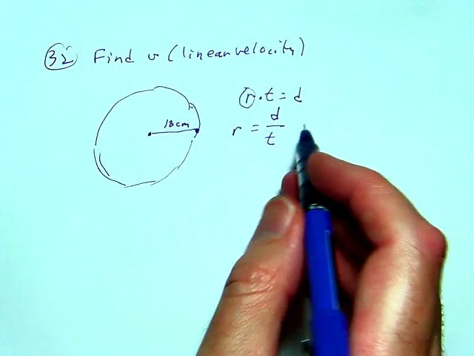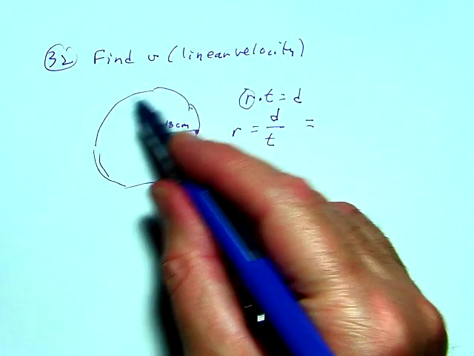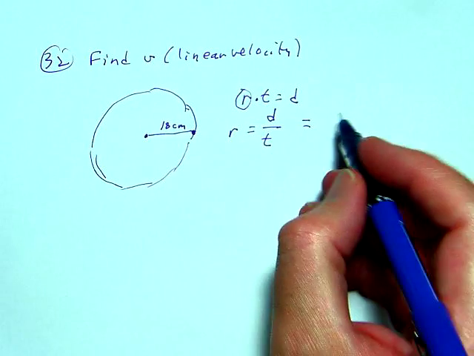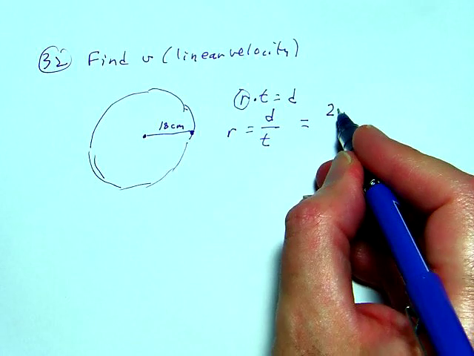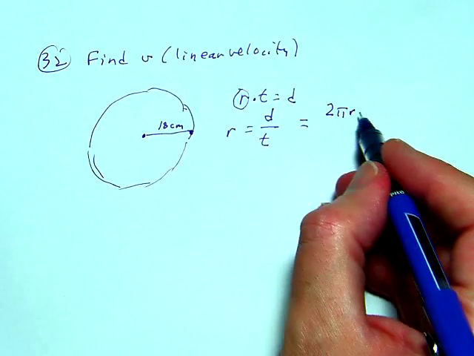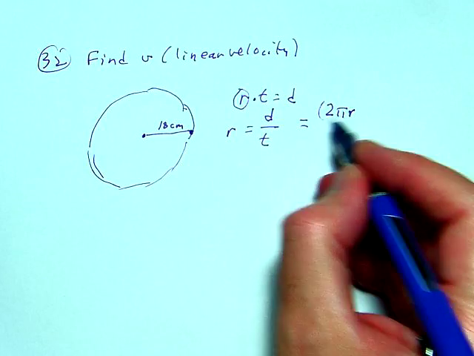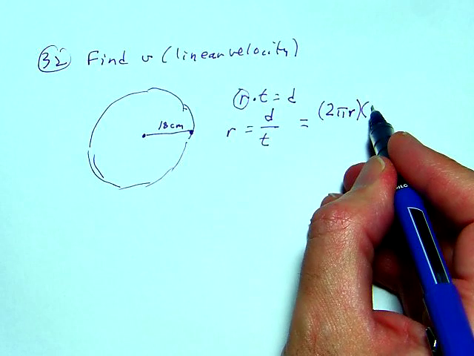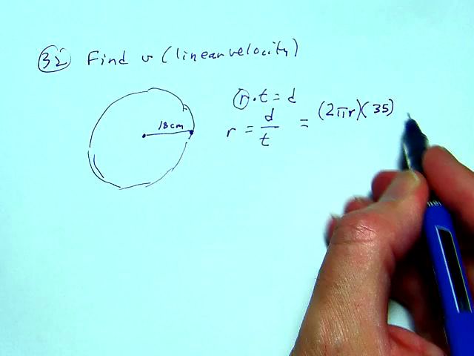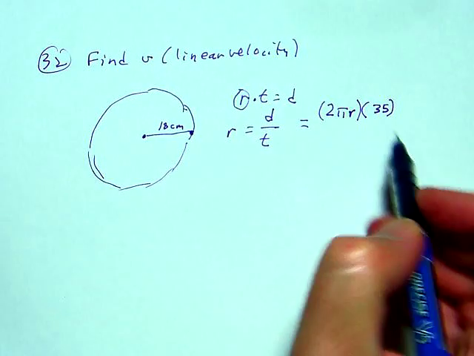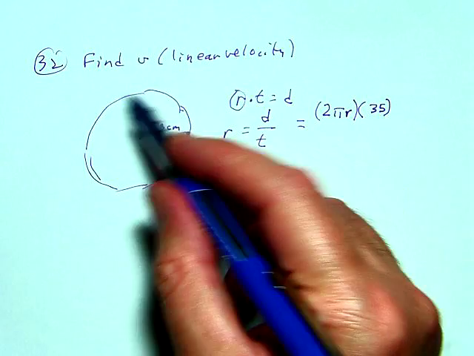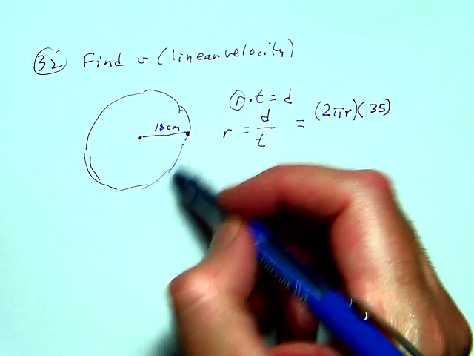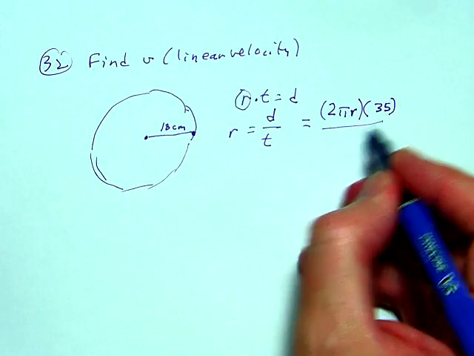So the distance that one single revolution would cause this point to go is 2 pi r, where r is 18. But every minute, this is happening 35 times. So the total distance this point is traveling is the circumference times 35, because it's going around and around per minute.